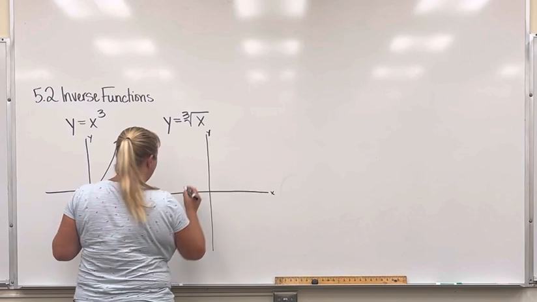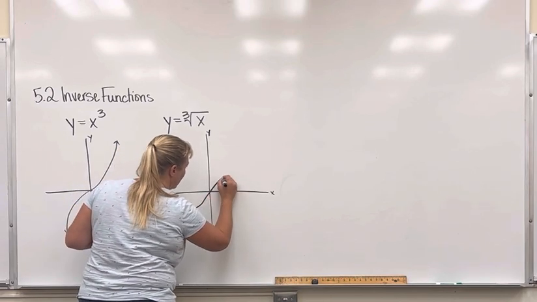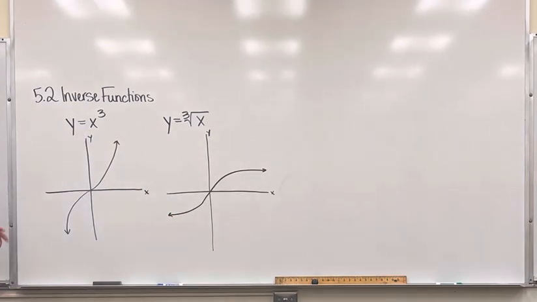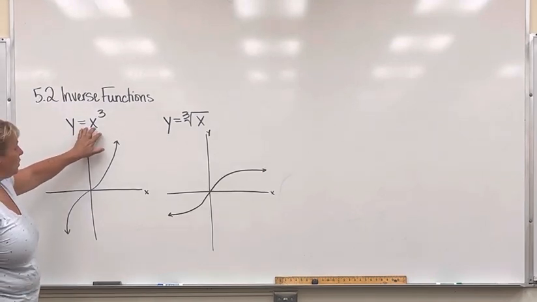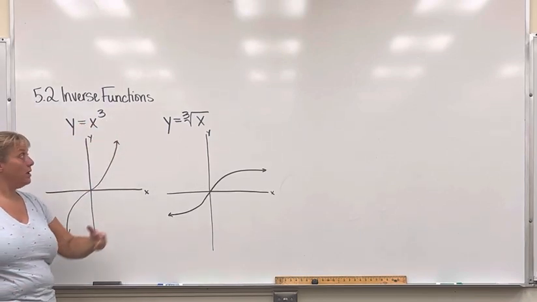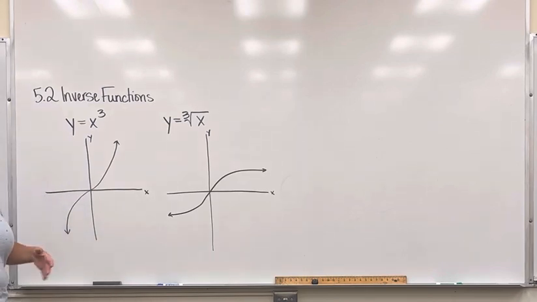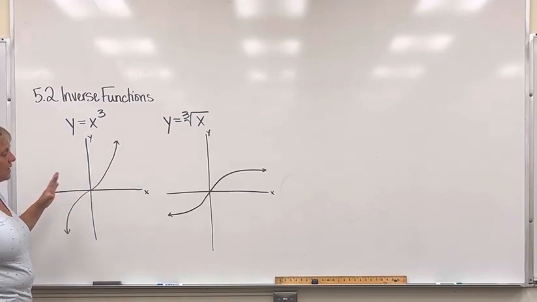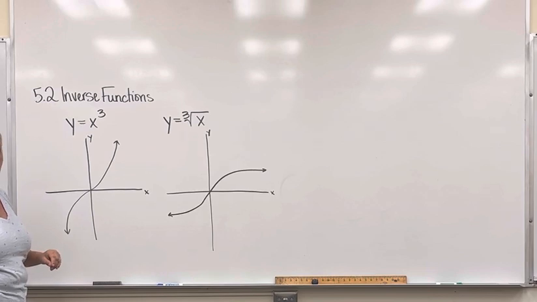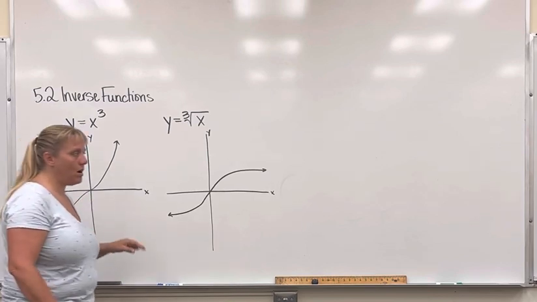So these guys have similar shape, but just a little bit off kilter of each other. And basically, if I was to ask you what would undo a cube, your answer would probably be a cube root. What's the reverse or the opposite here, or the inverse? When we look at the two functions, we can say, I think they're related, and the two graphs and the two functions kind of show that as well. So that's one of our most common examples.